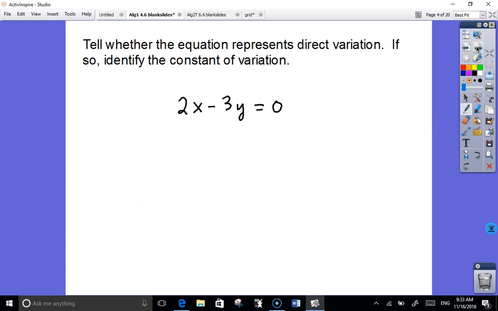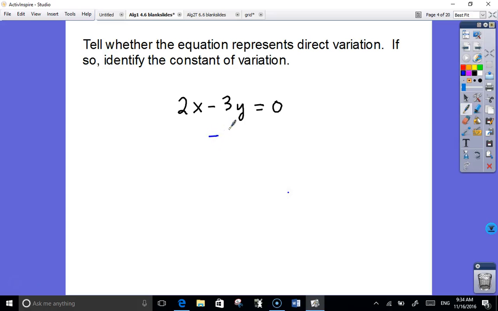Okay, so tell whether the equation represents direct variation, and if so, identify the constant of variation. So what you have to do is solve for y. Again, more review for the quiz tomorrow. How do I solve that for y? Minus 2x.